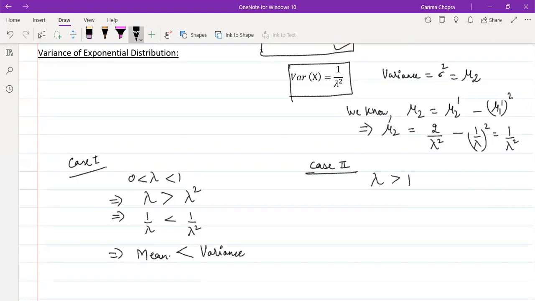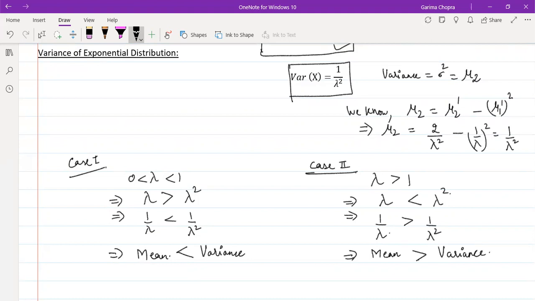If lambda is greater than 1, then if we compare lambda and lambda square, it is clear that lambda square will be greater than lambda. If we take the reciprocal, the inequality will change, so 1 upon lambda will be greater than 1 upon lambda square. And since 1 upon lambda is the mean of exponential distribution, the mean is greater than variance.